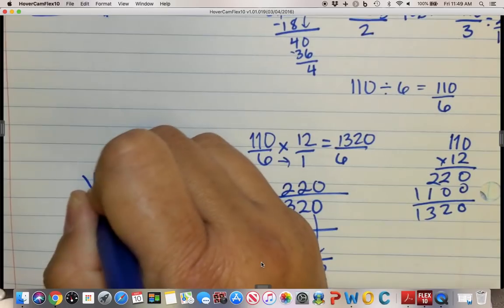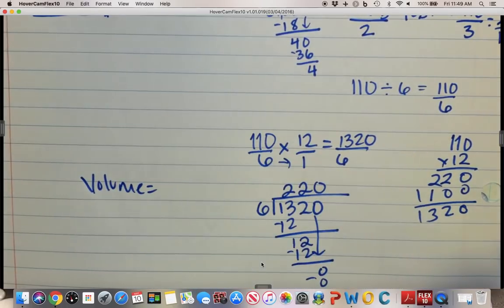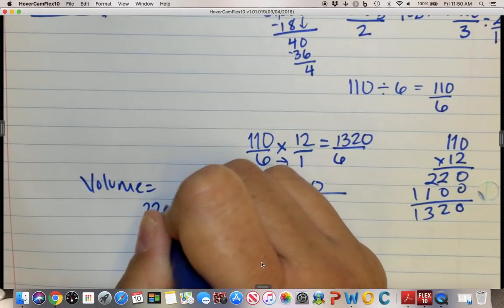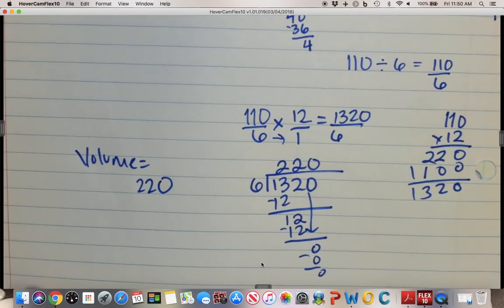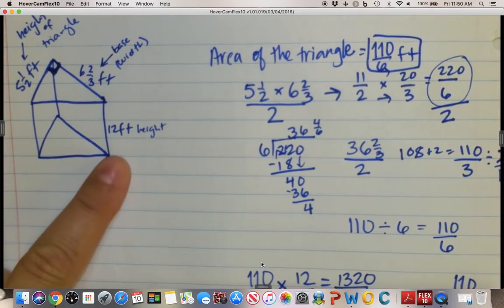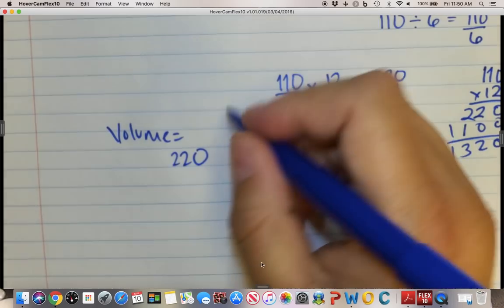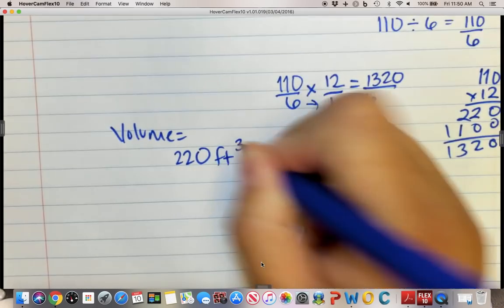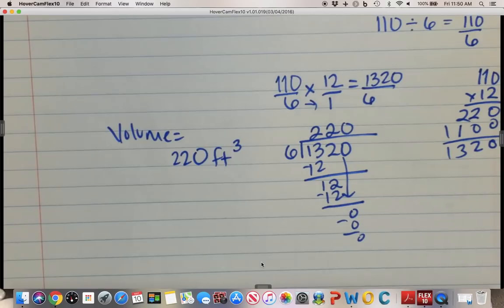The volume is 220 feet cubed. And hopefully you won't have a lot with fractions, but sometimes you do. And it takes a lot more steps than it does if you don't have a fraction.